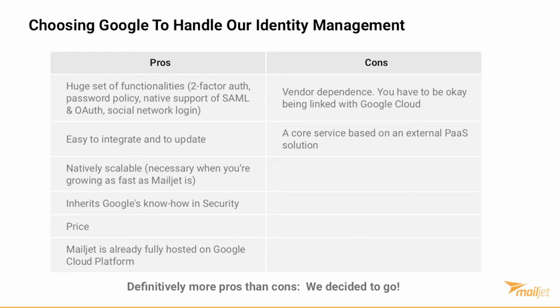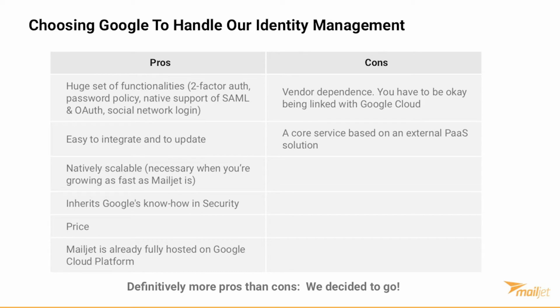You will see it took us less than 6 months to integrate Identity Platform, sorry, not CICP, in our solution. And it's scalable, which is really important for us. We are growing fast, so we need a natively scalable solution. And for security, I think Google is really strong, at least better than us for sure. So that's why we decided to go with Google.